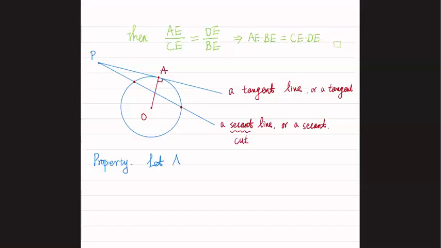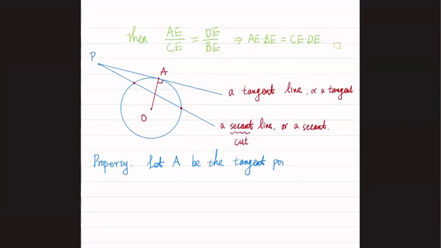Let A be the tangent point. Then OA, from the center to tangent point, this segment is perpendicular to P.